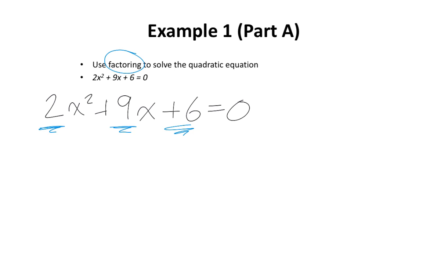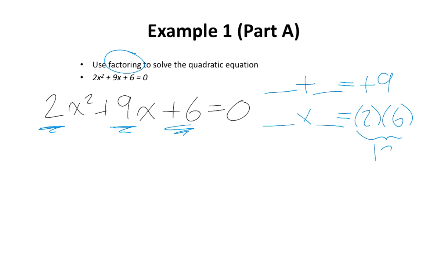Therefore, we need to figure out two numbers that when added together will give me positive 9, and when multiplied together will give me the product of 2 and positive 6. In other words, a product of 12. If you do a little bit of mental math, you'll soon realize that there are no numbers that add up to give you positive 9 and that multiply to give you positive 12.